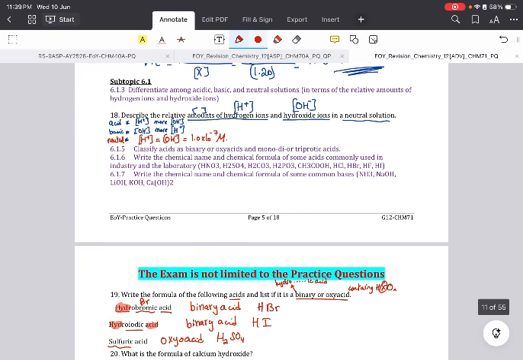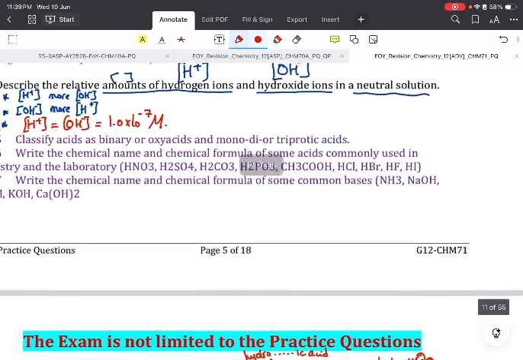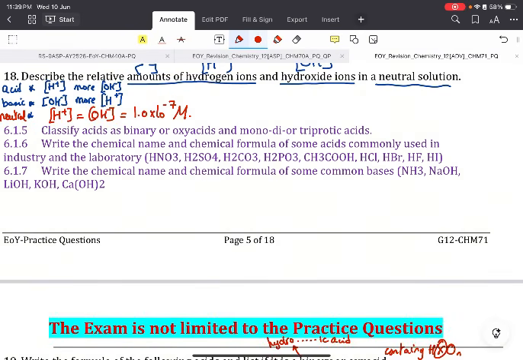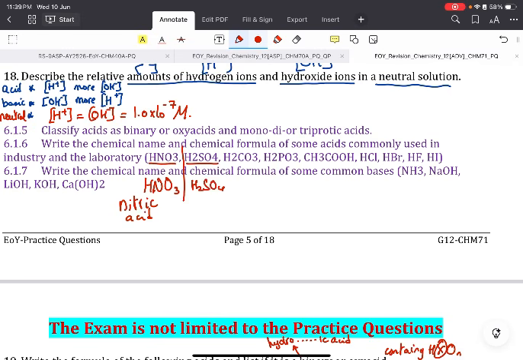There will be other acids that you need to memorize. Just stick to this list. This is HNO3, nitric acid. This is H2SO4, sulfuric acid. This is H2CO3, carbonic acid.